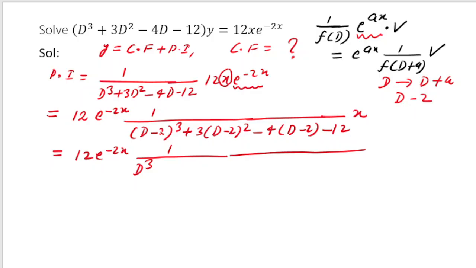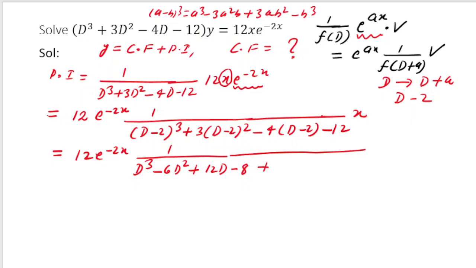So 3 into D square into 2, so that will be minus 6D square. Plus 3ab square, so 3 into D into 2 square, so that will be 12D, right? And then minus b cube, so minus 8. I hope you remember the formula of (a minus b) whole cube. What is the formula? That is a cube minus 3a square b plus 3ab square minus b cube, right?